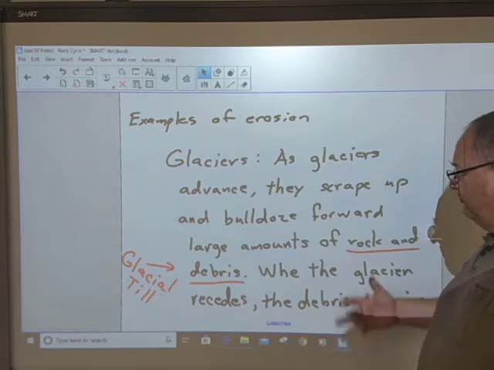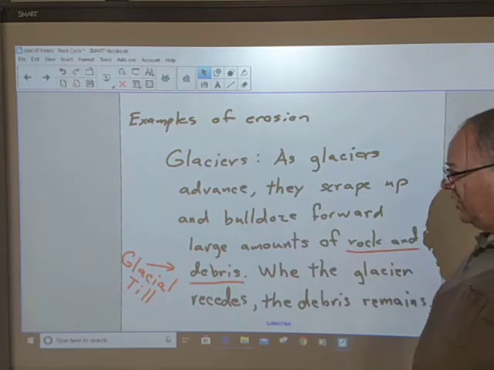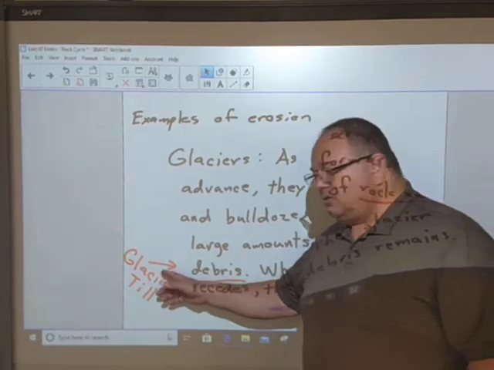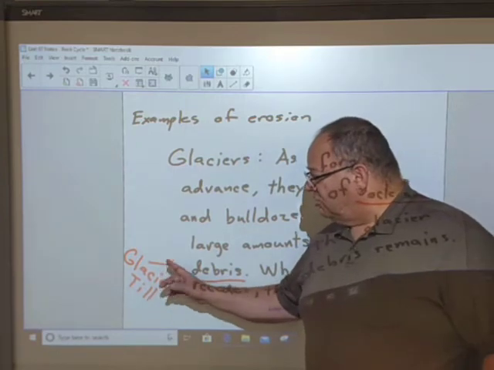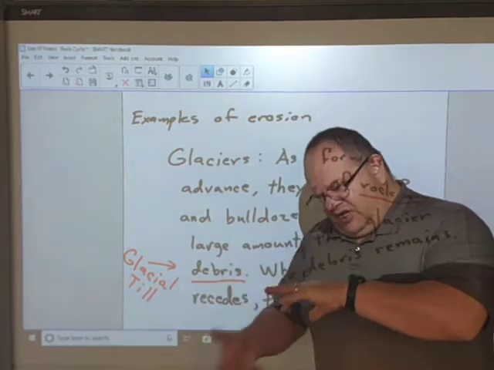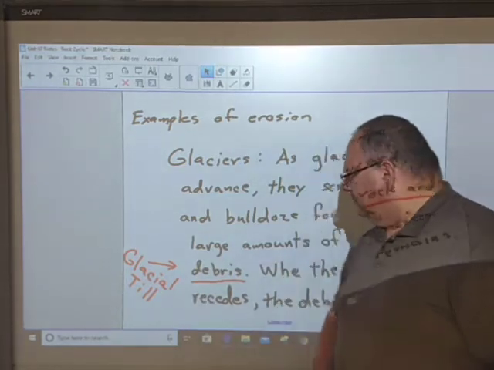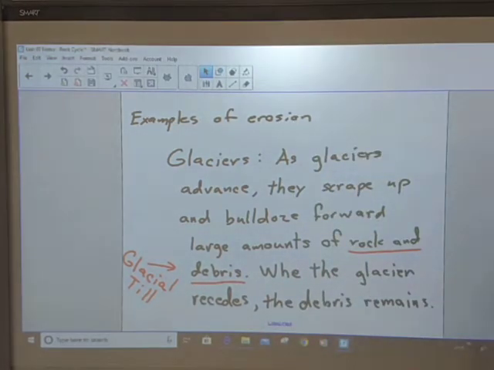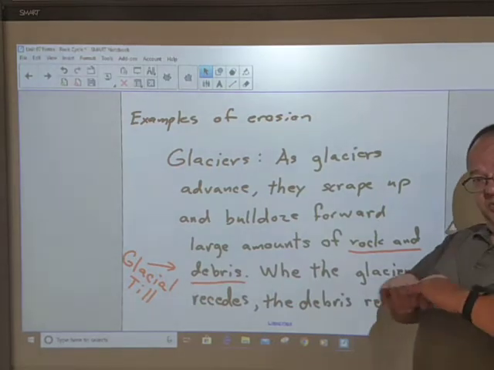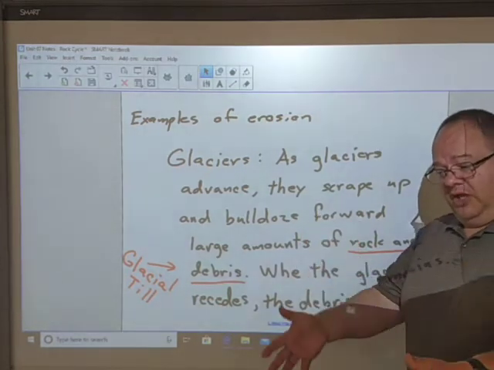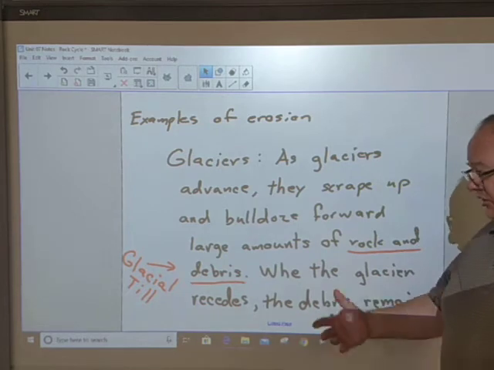They're going to move material around. Okay? Now that material that's getting moved around, here's a vocabulary term, it's called glacial till. It's been dug up, worked up, scraped up, that's called till. When the glacier recedes at some point in time, it may leave a pile of that material behind.